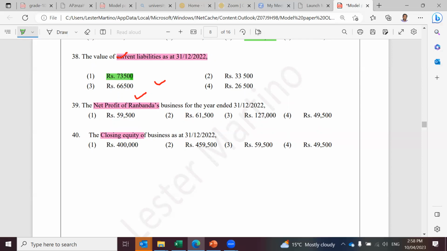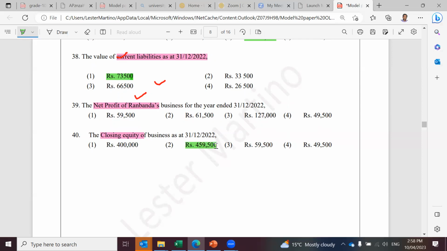You have capital plus profit minus drawings, then you come up with the closing equity. The opening capital itself is 400. So what should the closing equity be? It's not 400. It's not 559,500. It's not 49,500. The answer is this.